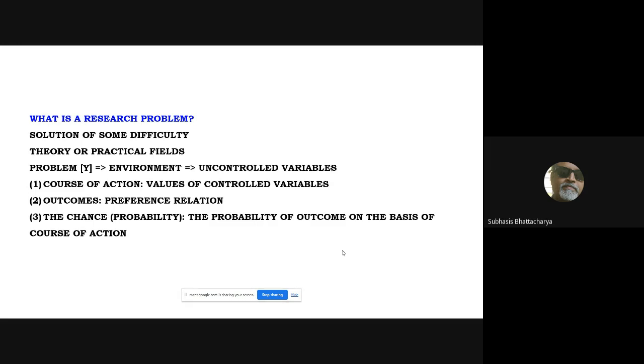So this is your set, where the set is dealing with the individual or some group or some organizations, and there is some environment. That means there are some problems. Rather, the environment is dealing with the problems, and there are some uncontrolled variables. That means these variables are not controlled. You cannot control the variables.